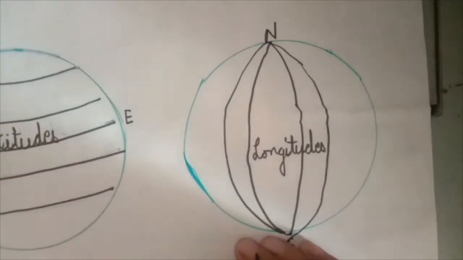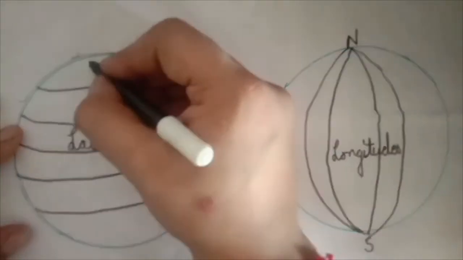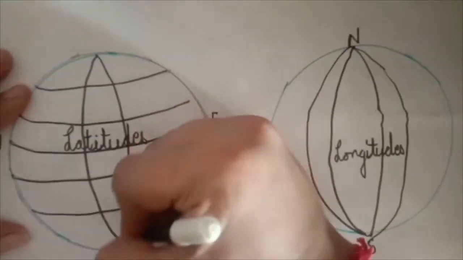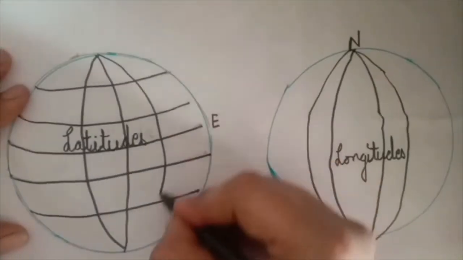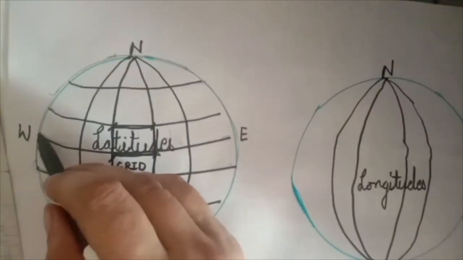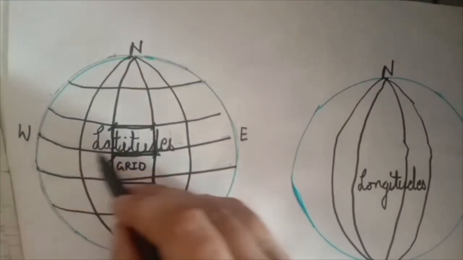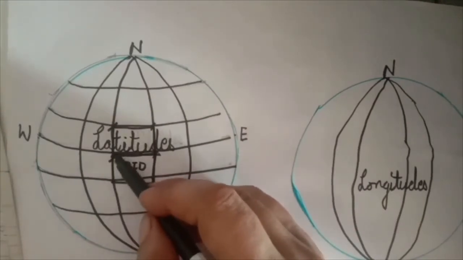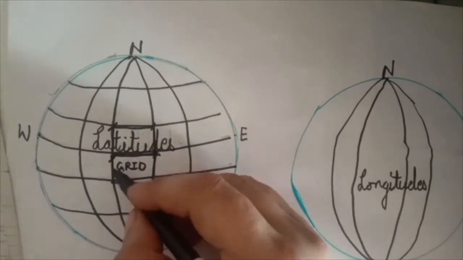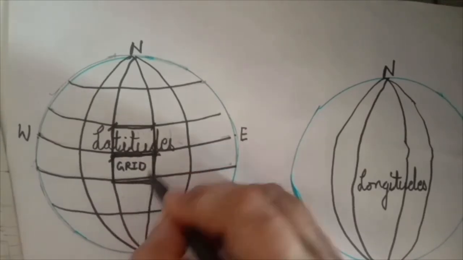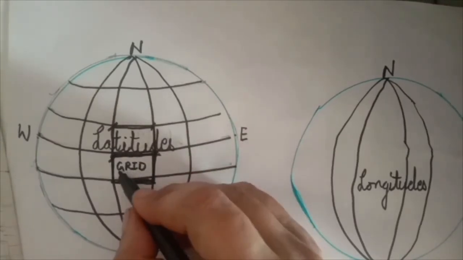Now, further, when these set of longitudes drawn from north to south and latitudes drawn from west to east meet at a place like this, it forms a grid.